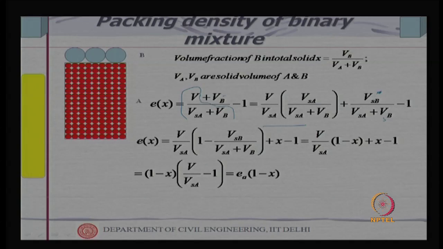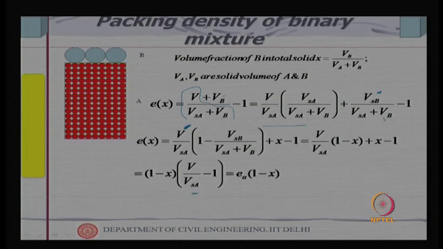Now, this V_SA is 1 minus V_SB, because my total volume is 1, and V is the original volume. So, I am just writing it separately in this manner, because this original volume V I am using to define the void ratio.